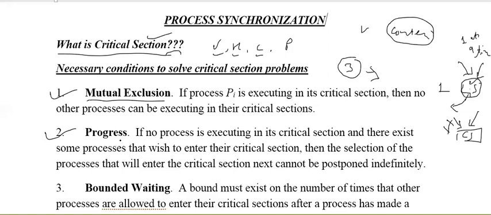Means nobody can halt the progress of other processes. If your system has this concept implemented properly, then there is a possibility that your system will be free from critical section problem.